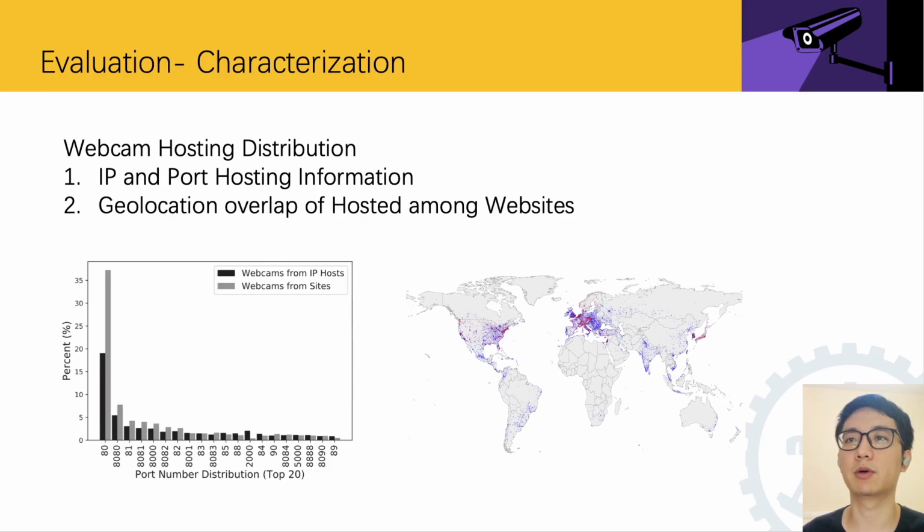One probable cause is the dynamic nature of IP addresses. This figure shows the distribution of port usage. Port 80 is the most popular port for hosting live streams of webcams. Clearly, some webcams change the default port to a different port for hosting their live streams.